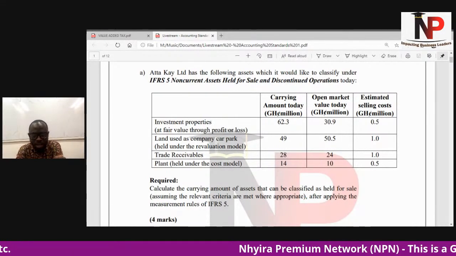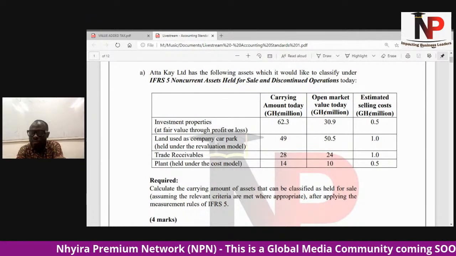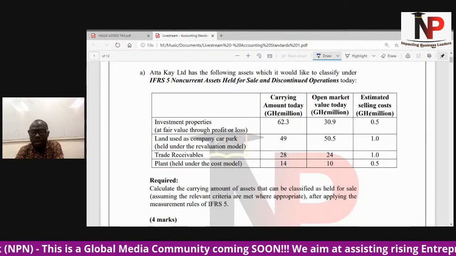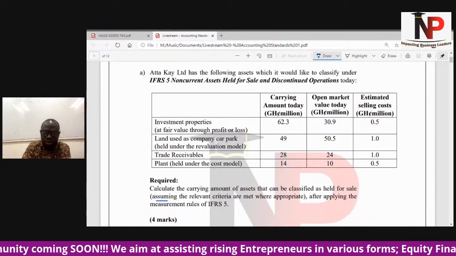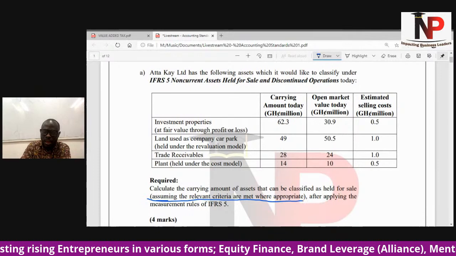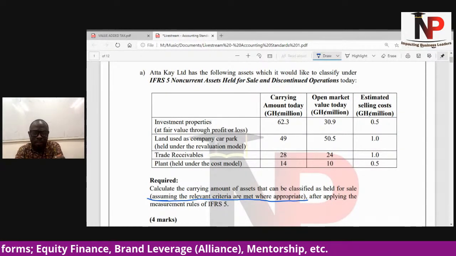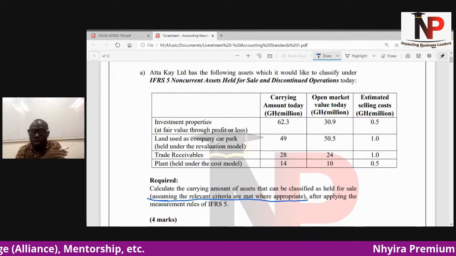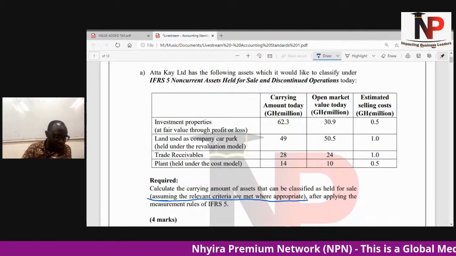So the requirement said: calculate the carrying amount of assets that can be classified as held for sale, assuming, very, very important, assuming that relevant criteria are met, where appropriate after applying the measurement rules of IFRS 5.